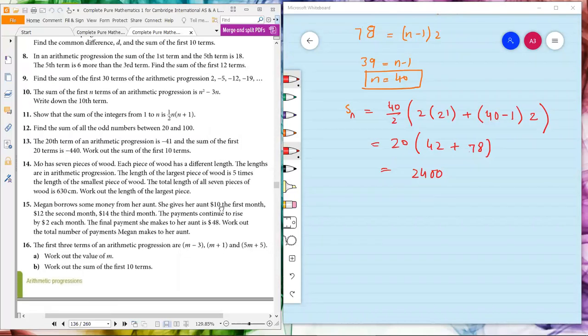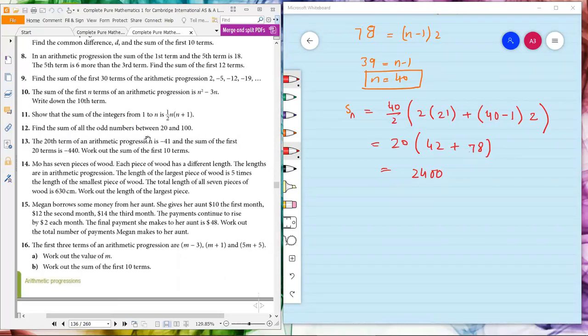The total length of all 7 pieces of wood is 630. It means the largest piece A7 is 5 times the length of the smallest, A1, so we multiply 5 with A1 to get A7.